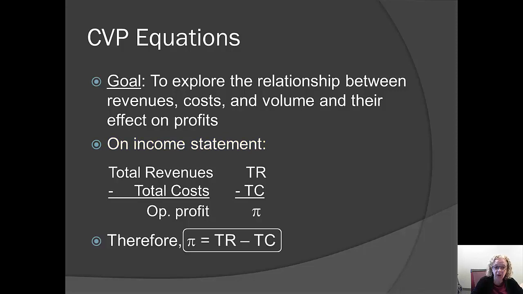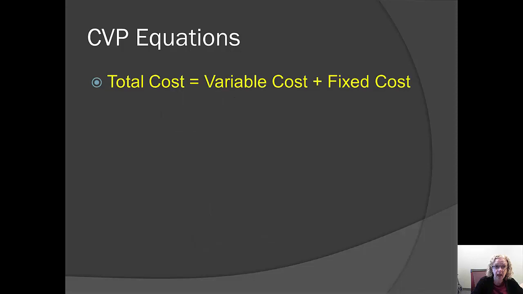So, algebraically, we could say our profit is equal to our total revenues minus our total costs. So far, so good. Now, our total costs have two components. We saw this at the end of Chapter 2. Some of our costs are variable and some of our costs are fixed, and they don't behave the same way.